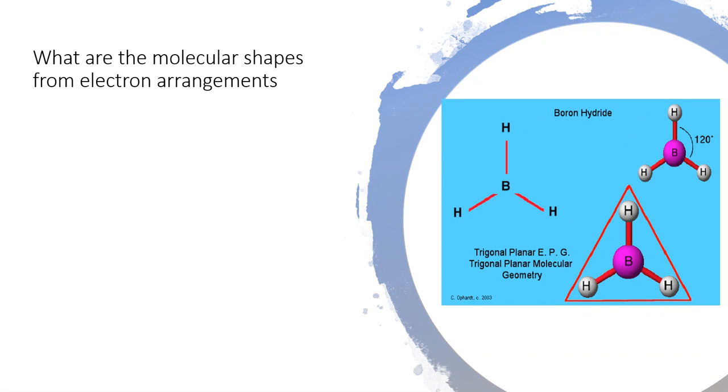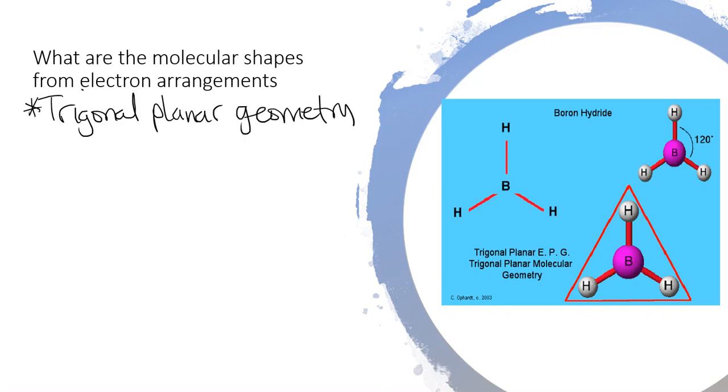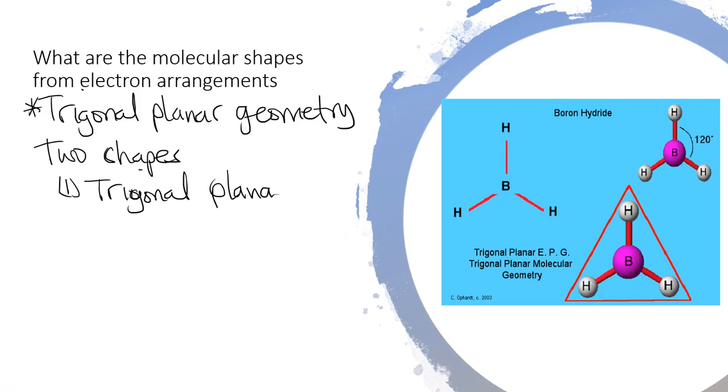Now, what about a trigonal planar geometry? A trigonal planar geometry will give you two shapes. The first shape will also be called trigonal planar.